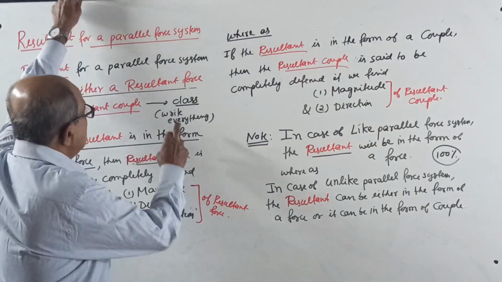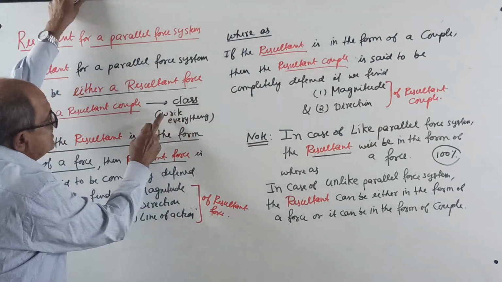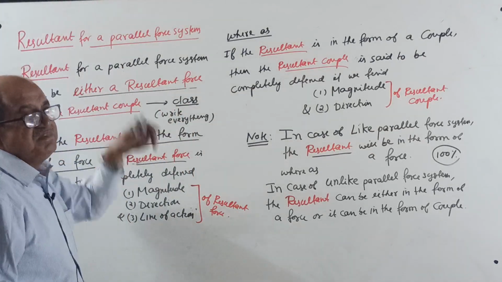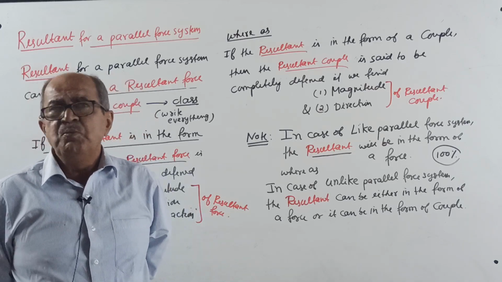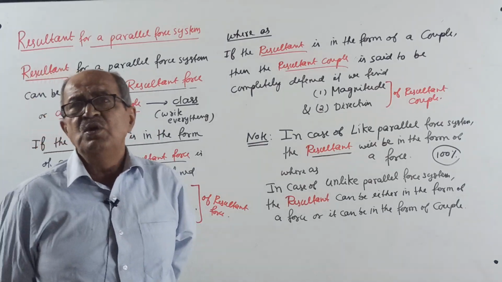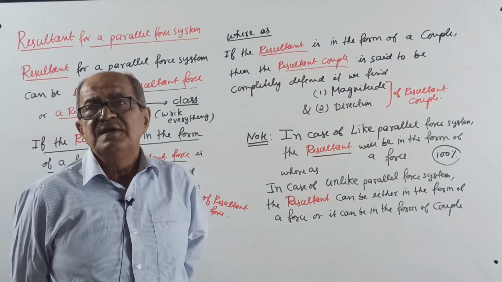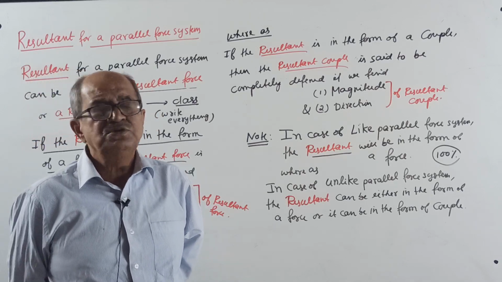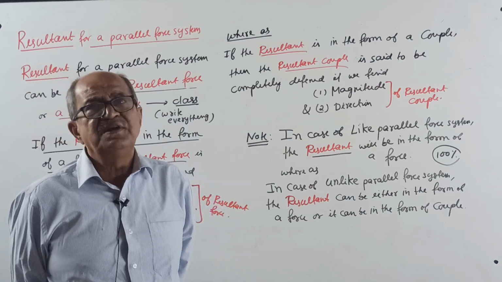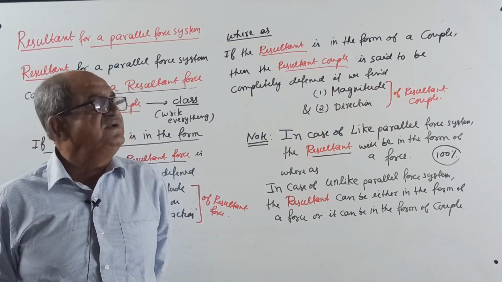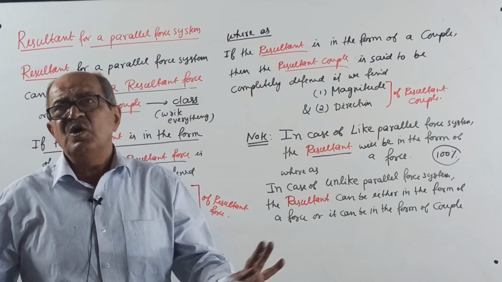Now, something I will tell here, class, write everything. Little earlier, we considered the coplanar force system, where I told that the resultant can be either in the form of a force or in the form of a couple. Always first you find the resultant force. If the resultant force exists, that's all.